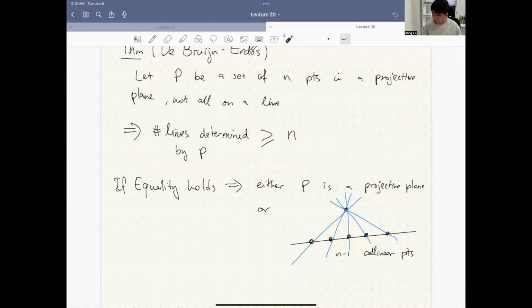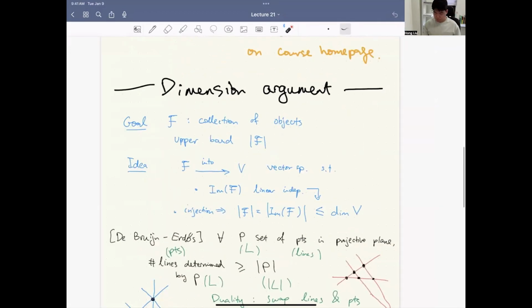You can see here the number of points is n and the number of lines is also n. All right. It's a degenerate case. Good. So let's come back here.